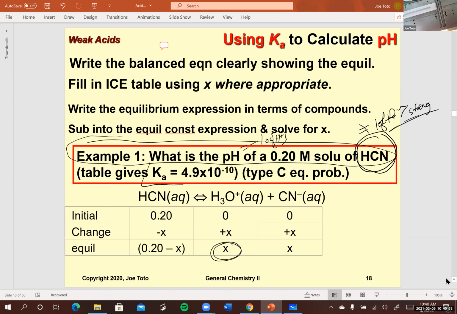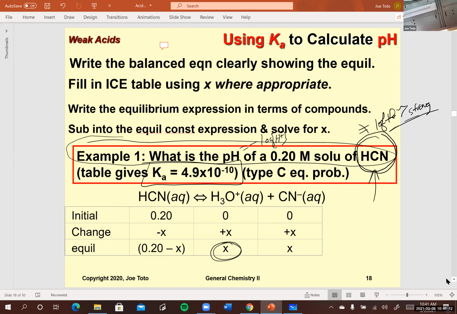And so you look that value up, and it may be given to you in a problem or not. You might have to figure out that you're going to have to look it up. So then you can set up the ICE table. You know this is one of these equilibrium problems, so you need an ICE table because it's a weak acid.